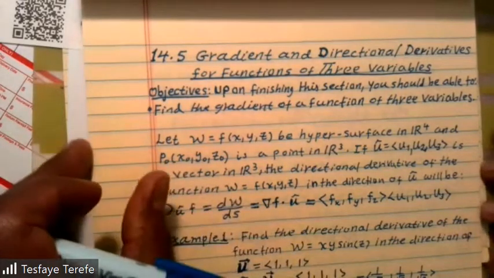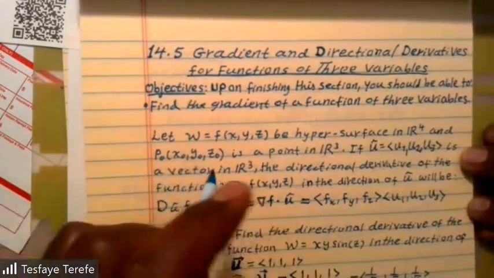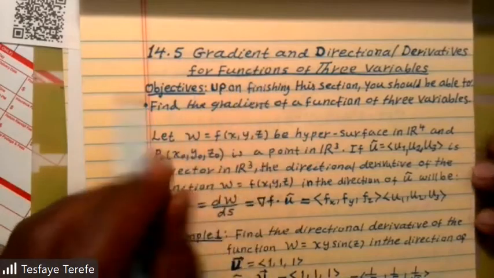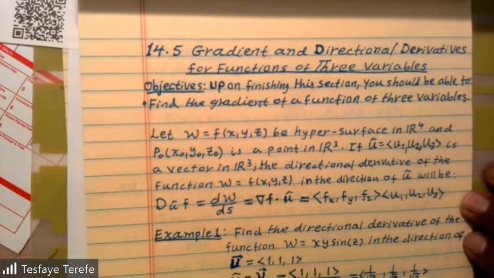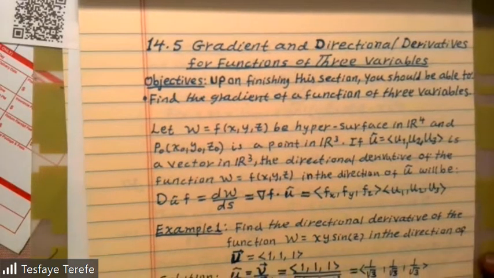Okay, gradient and directional derivative for a function of 3 variables. Upon finishing this section, you should be able to find the gradient of a function of 3 variables. Let w be a function of 3 variables, x, y, and z, a hypersurface in R4.